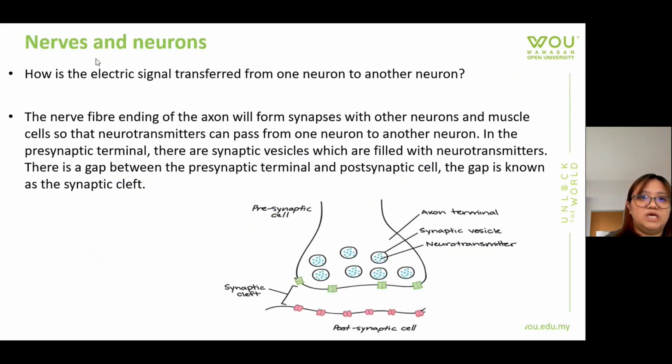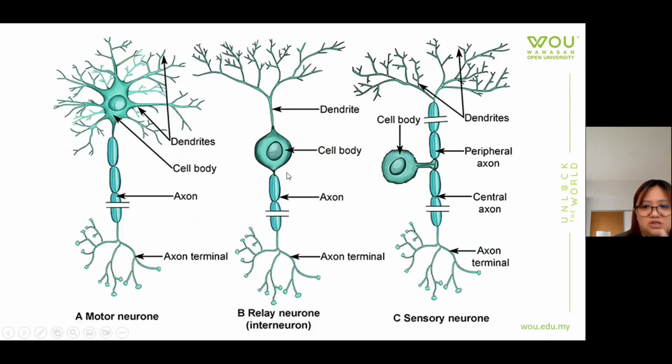Just now we mentioned a very important term called synapse. What does synapse mean? It explains the process where an electric signal transmission happens from one neuron to another neuron. For your information, synapse happens at the axon terminal.